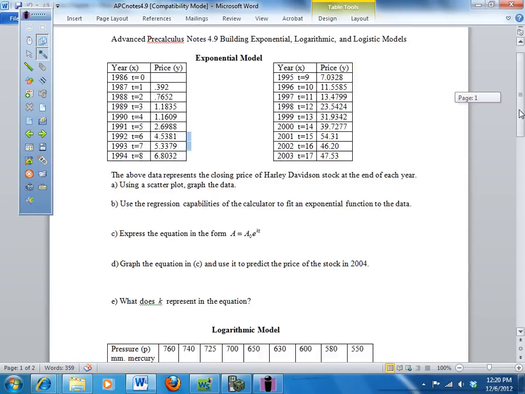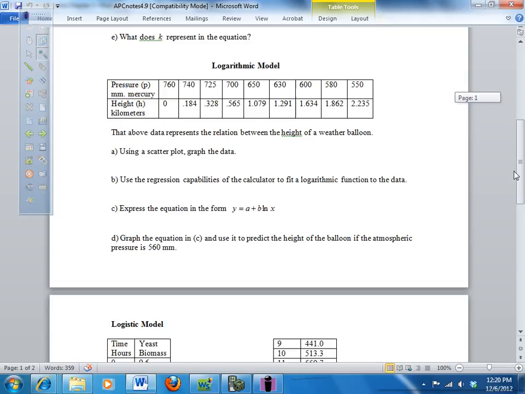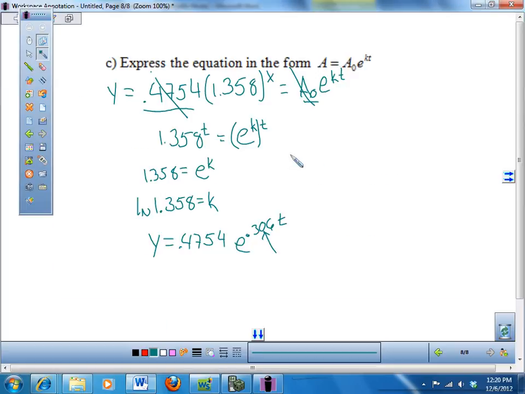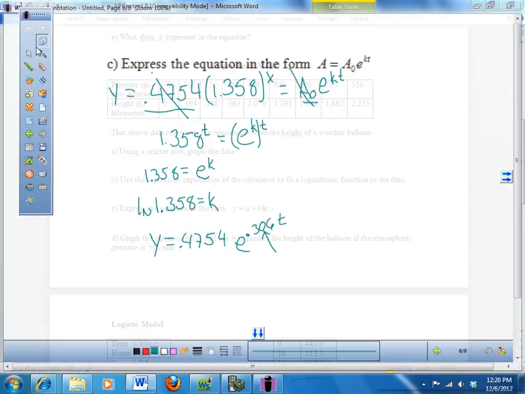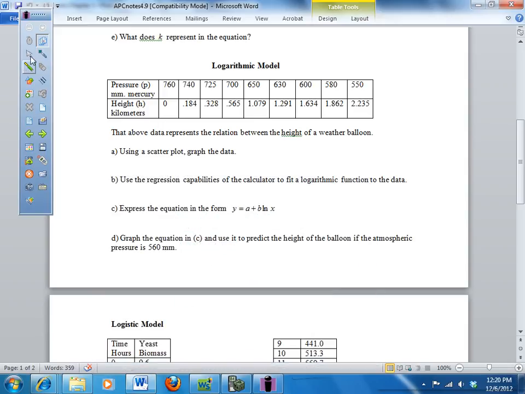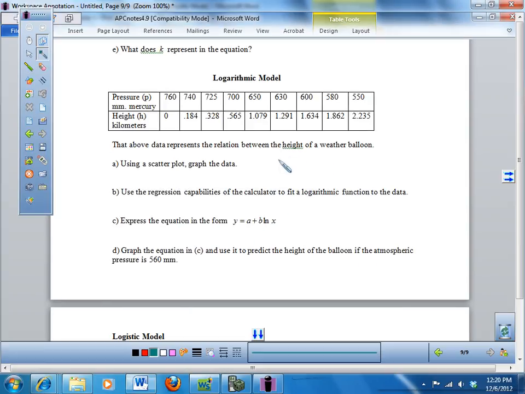These are kind of the same thing, and I don't want to go through putting all the data into your calculator. But if I did this one, it's going to give you a logarithmic model. Notice that with a logarithmic model, these numbers are very big and these numbers are relatively small.